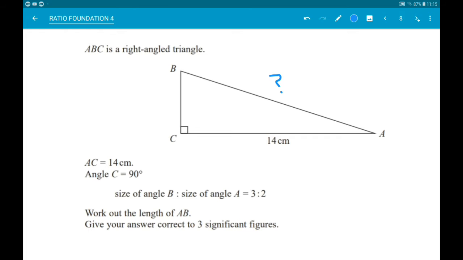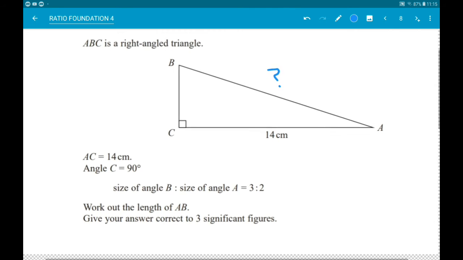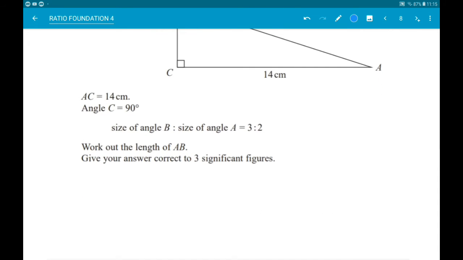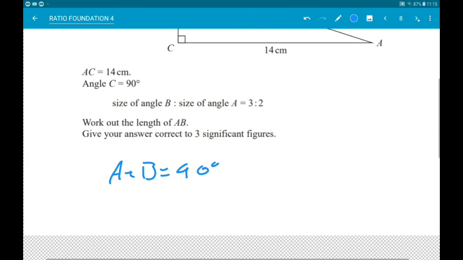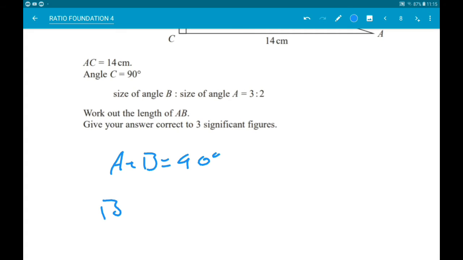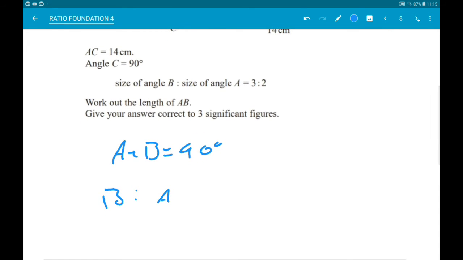We know A and B is 90 degrees. So, B to A is in the ratio 3:2. So we need to split 90 in this ratio.